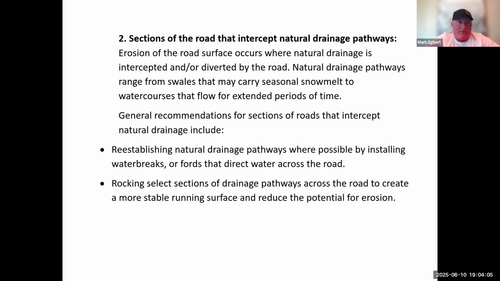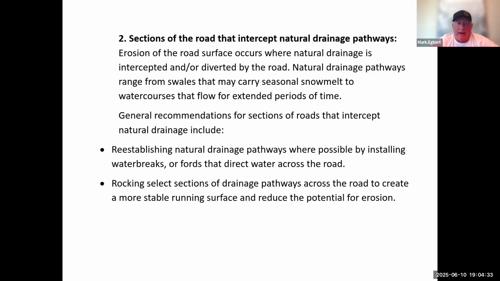The second one is sections of the road that intercept natural drainage pathways. Erosion of the road surface occurs when the natural drainage is intercepted or diverted by the road. Natural drainage pathways range from swales that may carry seasonal snowmelt to watercourses that flow for extended periods of time. So again, you want to make sure that the natural drainage pathways are as stable and as functional to the watershed as possible.